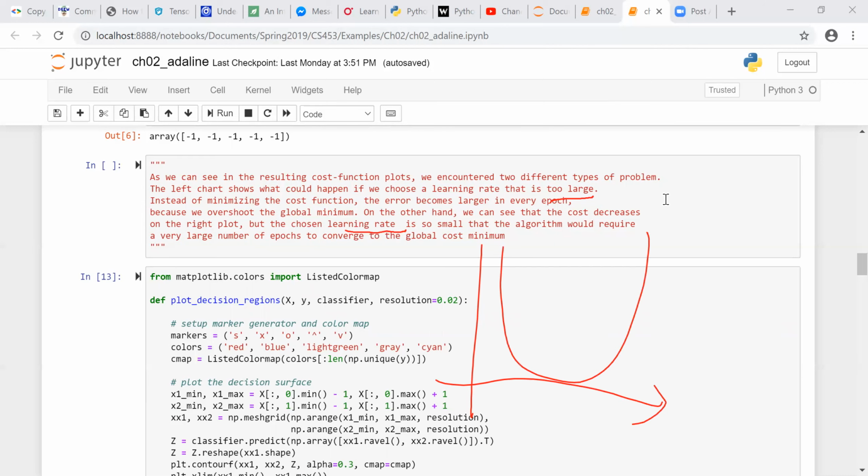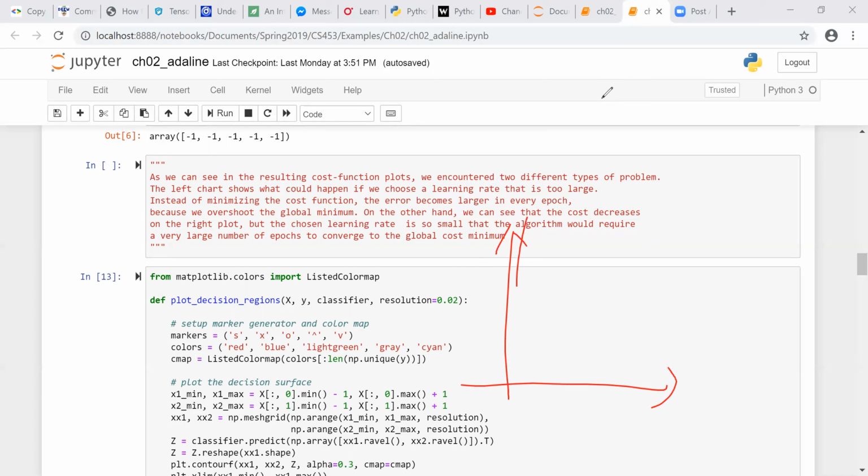So that will not give a good result. That's not a good design. It's way too big.